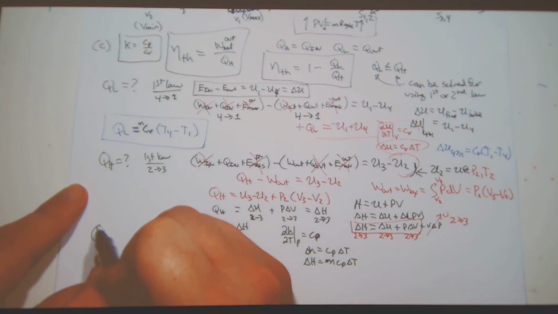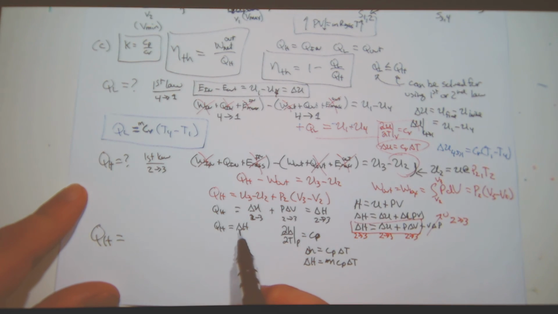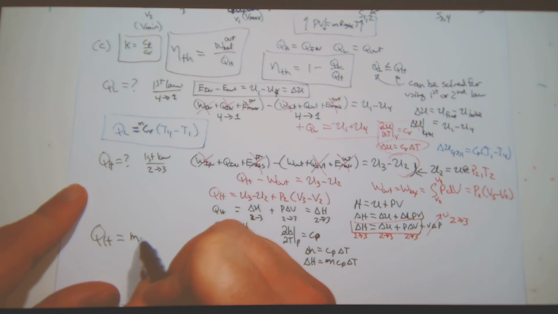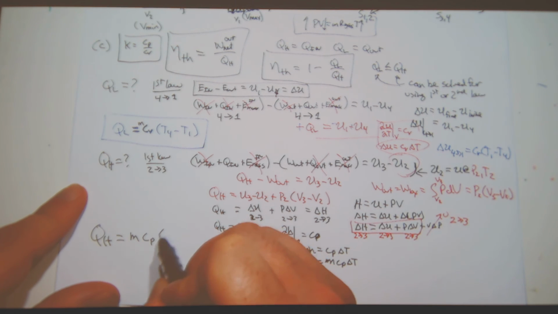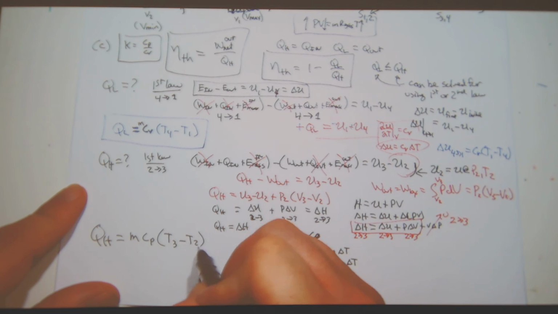So end story, QH 2 to 3 is my mass times Cp, and then I go from 2 to 3, so it's T3 minus T2.